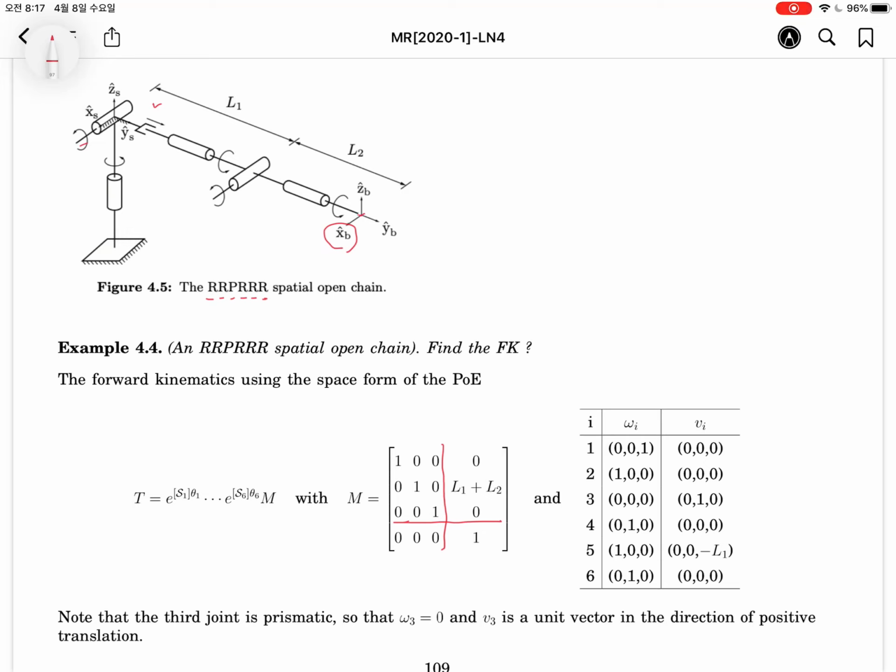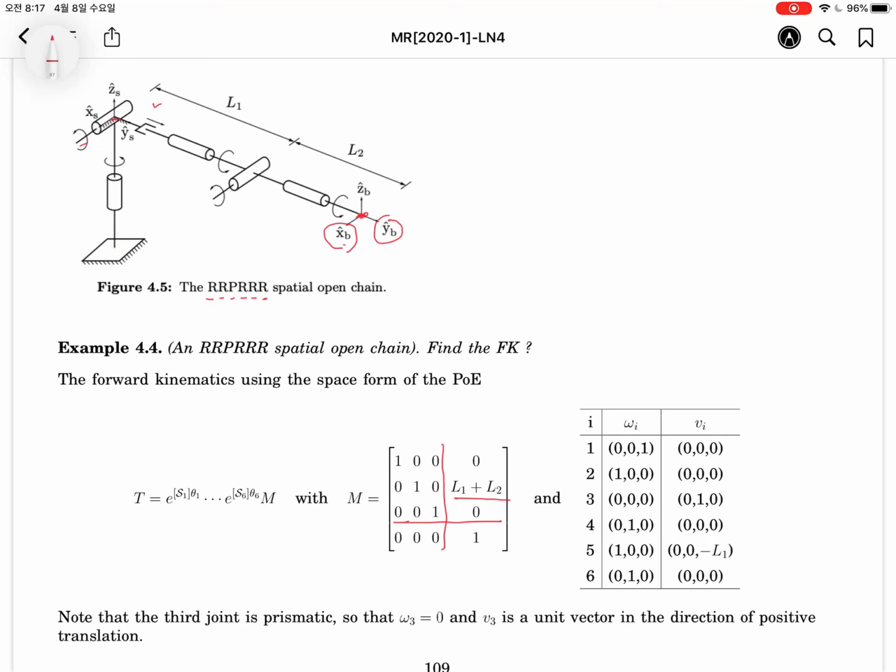Here let's read this position in terms of the space frame. Only the y direction is required. No x, no z. So we have the y directional displacement as L1 plus L2.